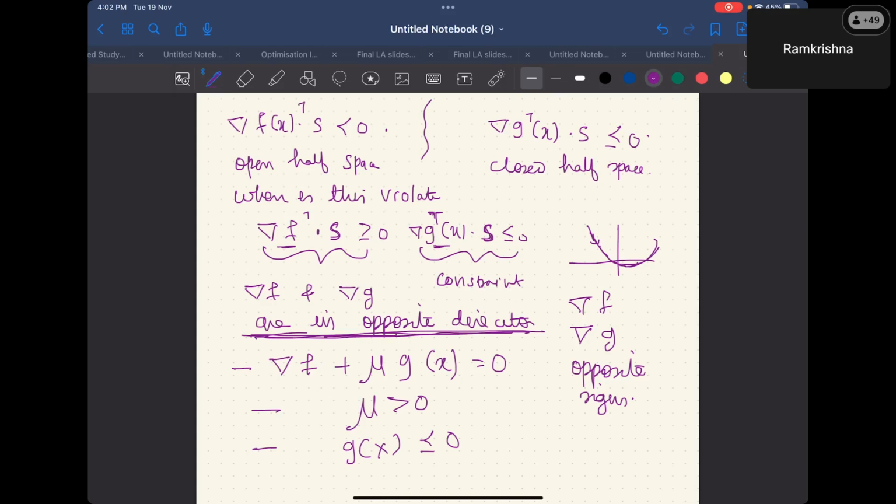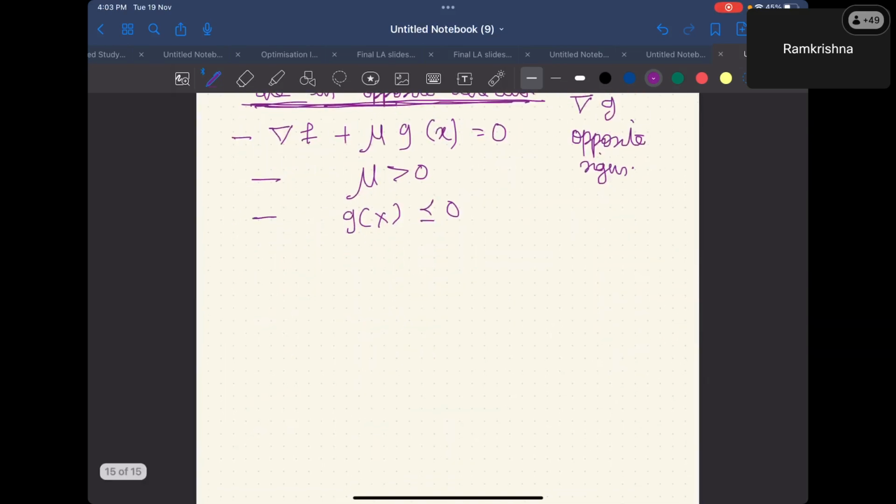We can slowly try to understand the subtleties of what is different in what we did earlier and what we are doing now. So how do I now write down my general conditions? I'll write down again gradient of f plus mu times gradient of g of x should be equal to 0.